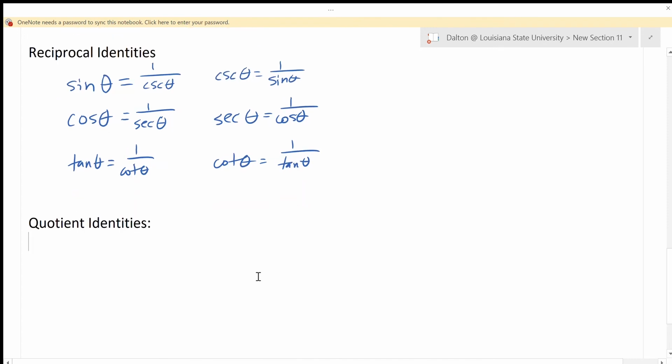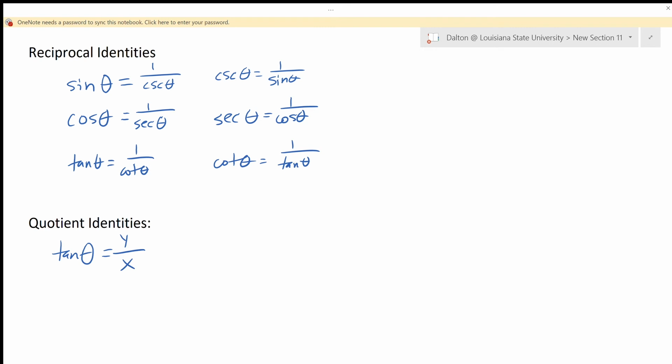Okay, now we're going to use what we know about the definitions of our trig functions to come up with 2 quotient identities. Now, Matthew, you actually hinted to this earlier. Tangent of theta is defined as y over x, but y and x are also defined by something else.